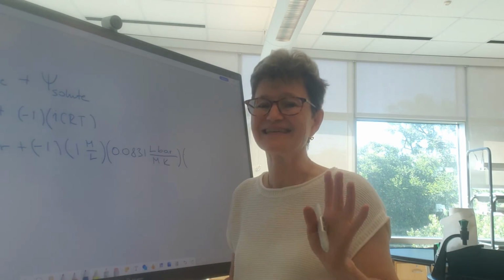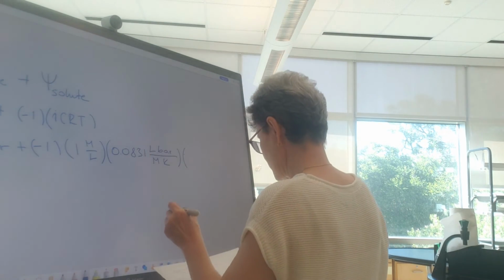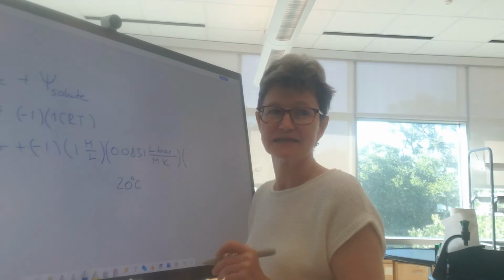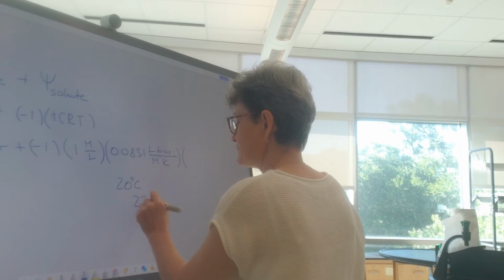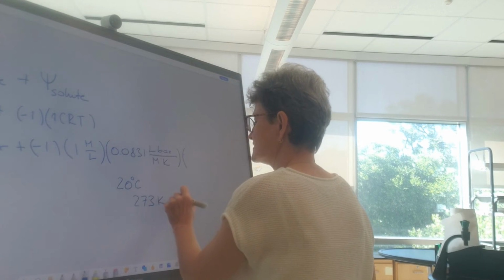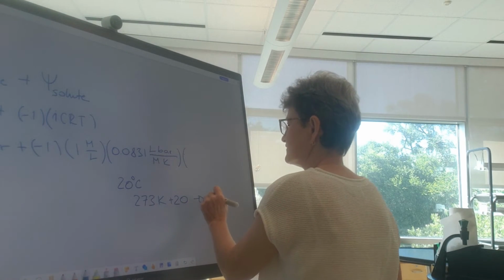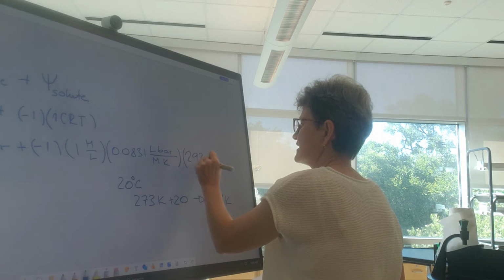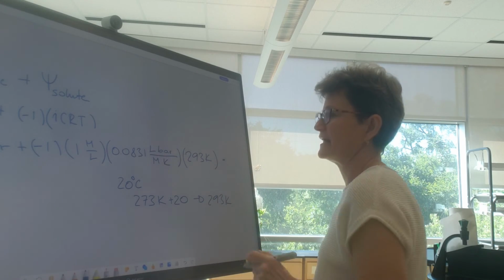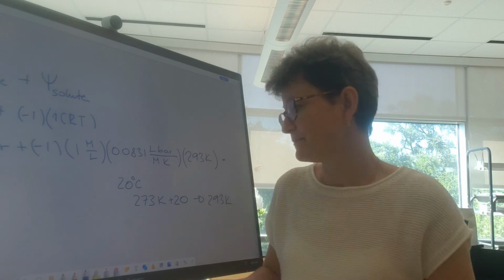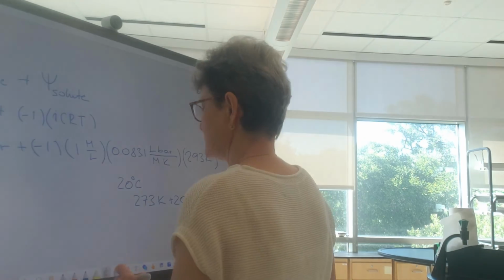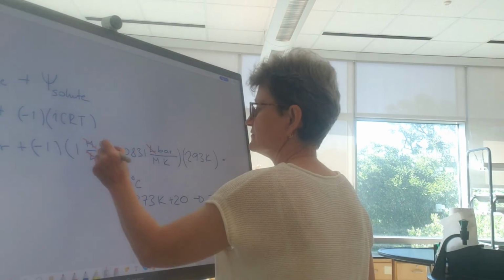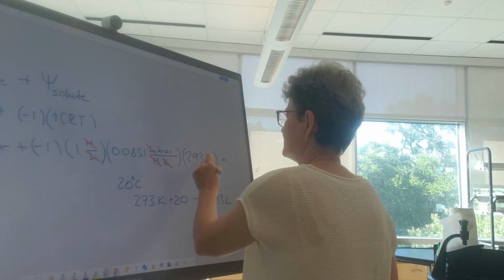The temperature is in Kelvin, please recall it, and we are dealing with 20 Celsius room temperature, so 273 Kelvin plus 20 is going to give us 293 Kelvin. Can I ask somebody to plug? Before that, let's simplify. Liter out, mole out, Kelvin out.